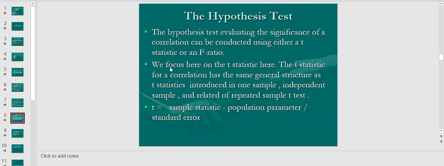There will be some discrepancy, some sampling error between a sample statistic and the corresponding population parameter. Specifically, we always expect some error between the sample correlation and the population correlation.